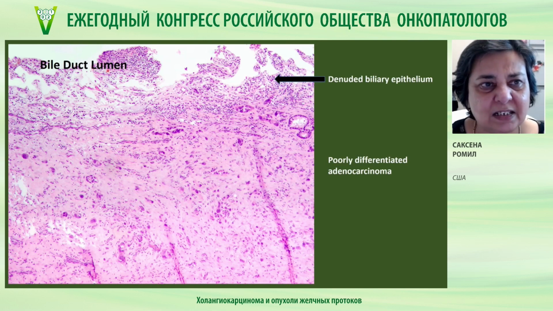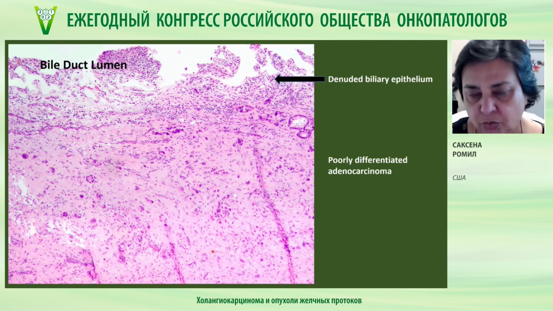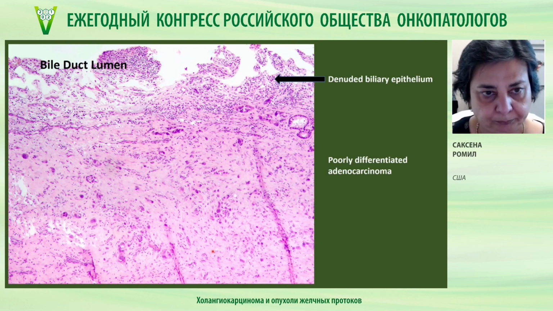So if a stent is put into this bile duct, this is the lumen, you see a stent has been put in, then very often you see that the epithelium lining the bile duct is denuded. And so here we have denuded bile duct epithelium and an invasive, poorly differentiated cholangiocarcinoma.